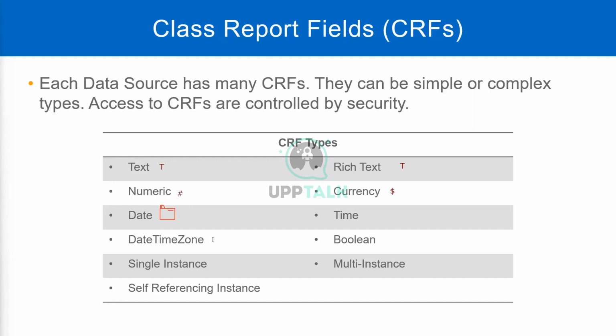Are you a manager? If you are a manager, the answer will be yes. If you are not a manager, the answer will be no. So Boolean fields are yes, no or true, false fields.